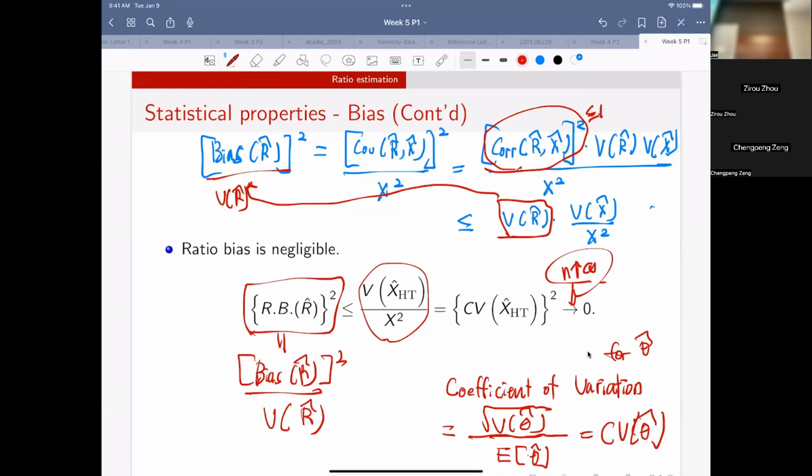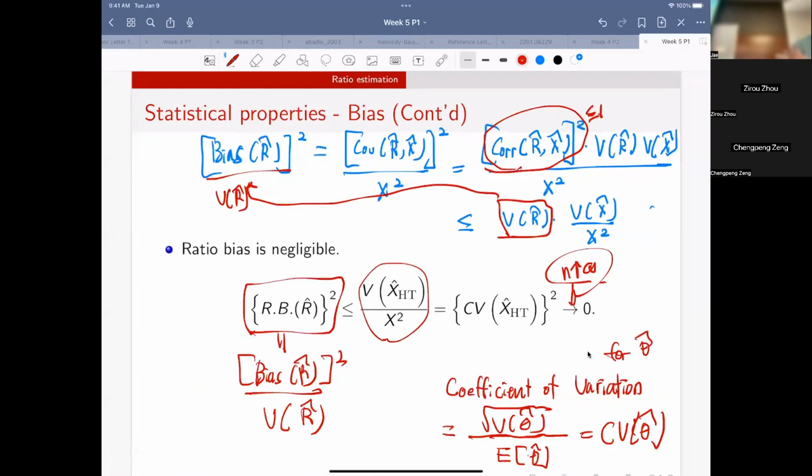We want to apply some asymptotic theory, so maybe you allow that as you increase your sample size, your finite population also increases asymptotically at the same rate. That is the idea. Without asymptotic theory, it's very hard to say anything, right? So the ratio bias is negligible.